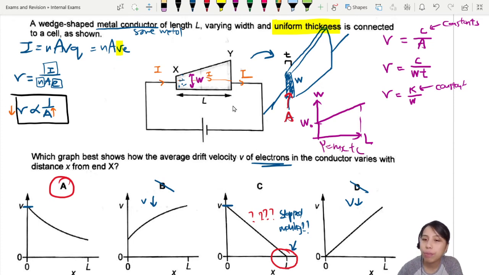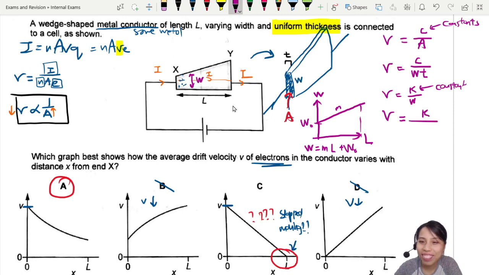But in this specific form, I would call it W equals ML plus W naught. M is just the gradient. I don't know what that is, I just give it a name. Just sub that in. V equals K divided by, what is W? ML plus W naught. There is your equation for this whole setup.